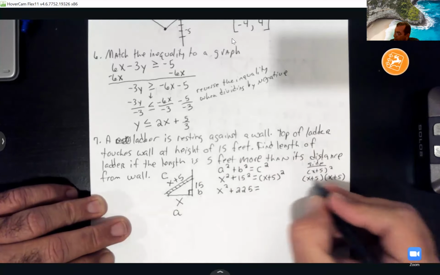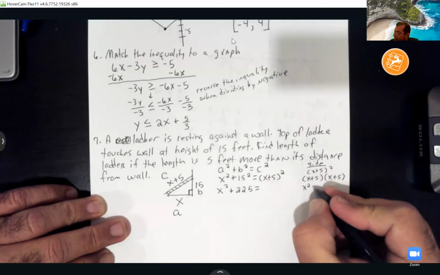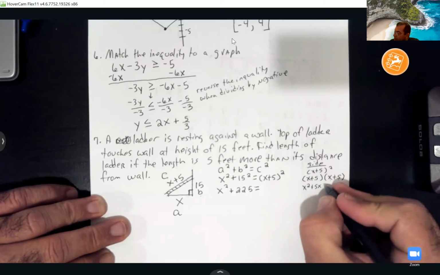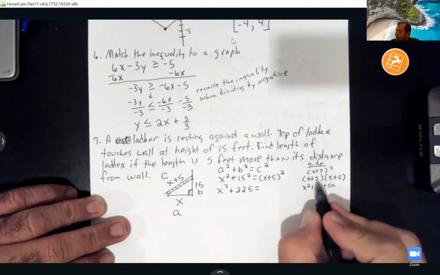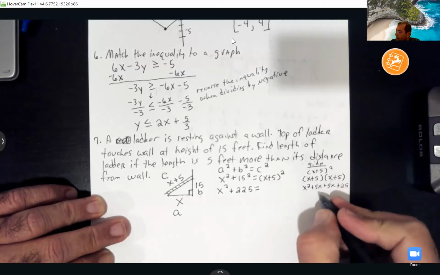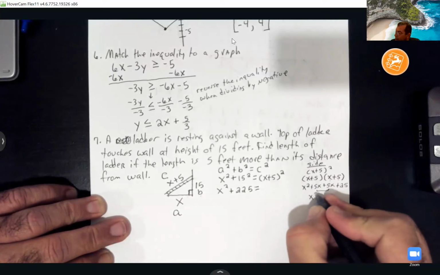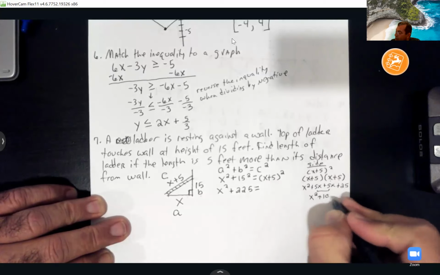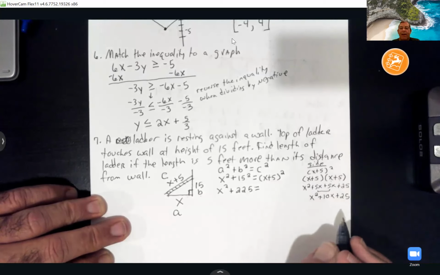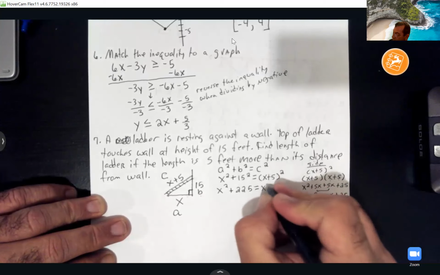So y'all, that'll give me x times x is an x squared. x times 5 is 5x. 5 times x is 5x. And then 5 times 5 is 25. Add your like terms in the middle, and you get an x squared plus 10x plus your 25. Put that in place of the x plus 5 squared.